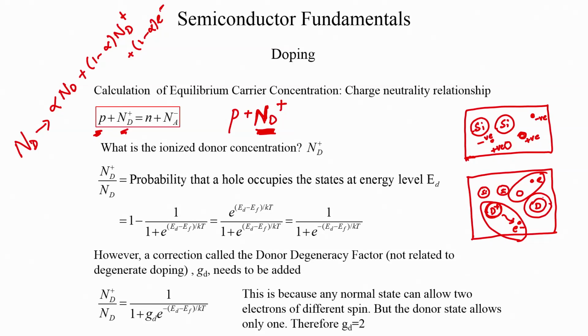So, this is the charge neutrality condition for the donors. This is a small fraction, alpha is less than 1. This is the fraction that has not ionized, this is the fraction that has ionized. So, when we talk about Nd plus, we are talking about this fraction.